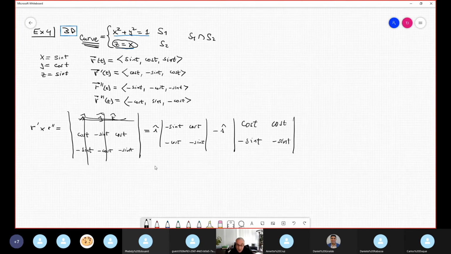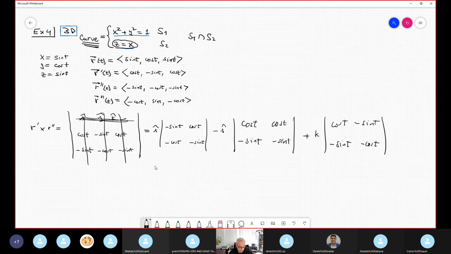Okay. And k: delete this and this, cosine t, minus sine t, minus sine t, minus cosine t. When you multiply like that, this is sine squared, double minus is cosine squared. This is 1. It's obvious, this answer is 1.